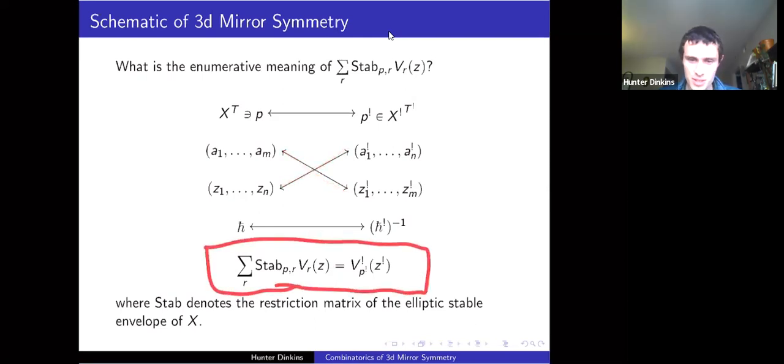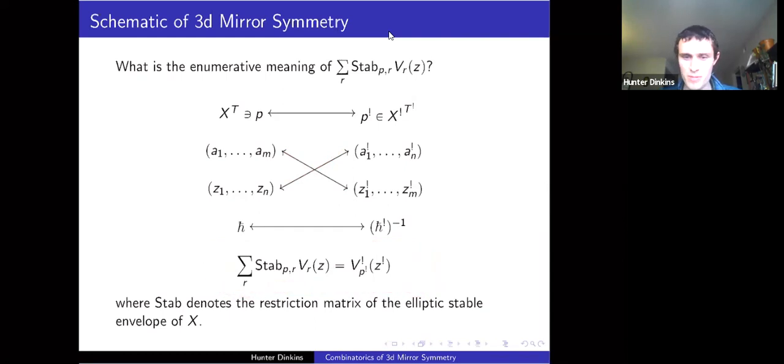And this equation I like to refer to as 3D mirror symmetry of vertex functions. So roughly it says that the elliptic stable envelope is the object that transitions between the vertex functions of a variety and the vertex functions of its dual variety.